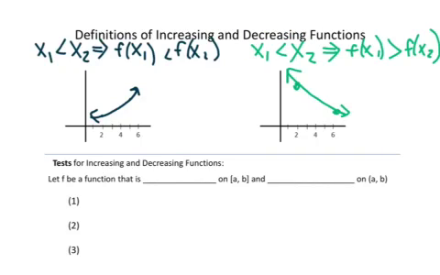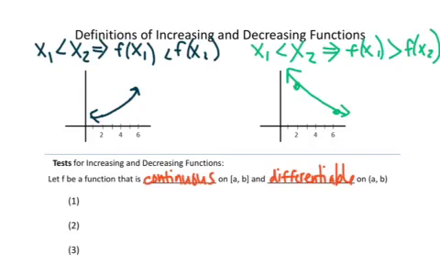Okay, so to test if a function is increasing or decreasing over a certain interval, we would say, let f be a function that is continuous on some closed interval [a, b], and differentiable on the open interval (a, b).